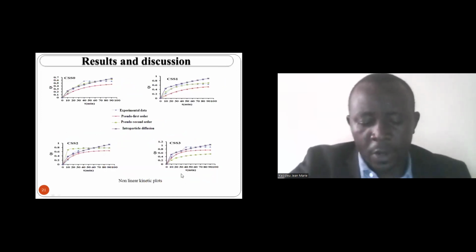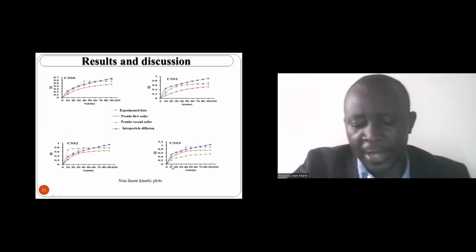Okay, concerning kinetics, experimental data were compared to pseudo first order, pseudo second order, and intraparticle diffusion models, and the non-linear regression plots are given here.